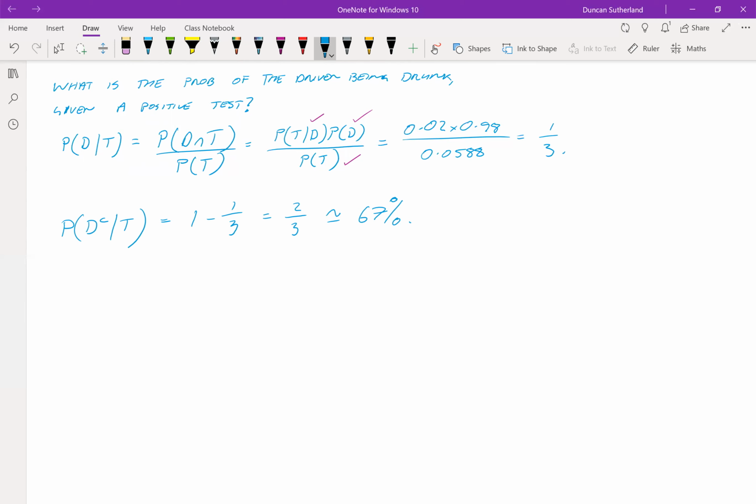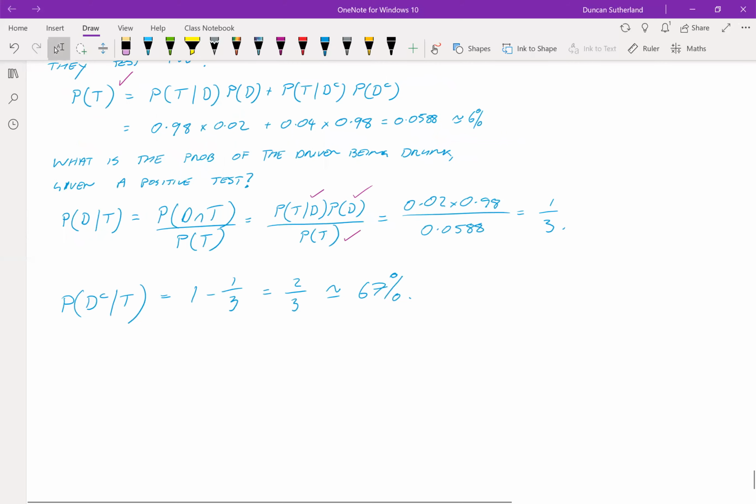That says that 67% of all of the drivers that are identified as over the limit are sober. So that is, some rando gets pulled over, does the breath test. There's a 6% chance that the breath test says positive.